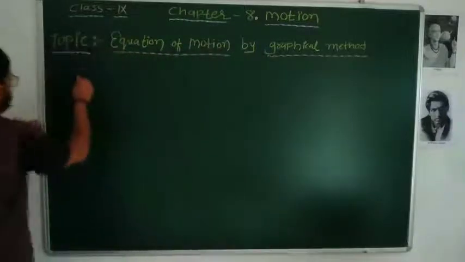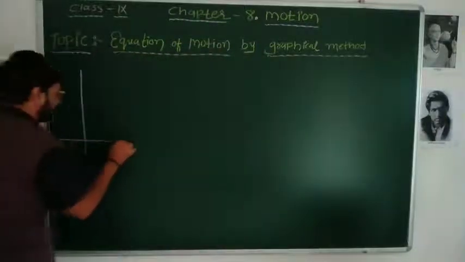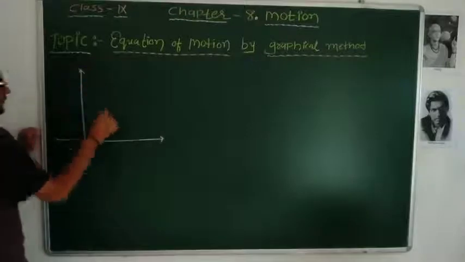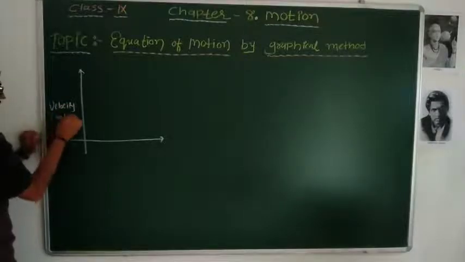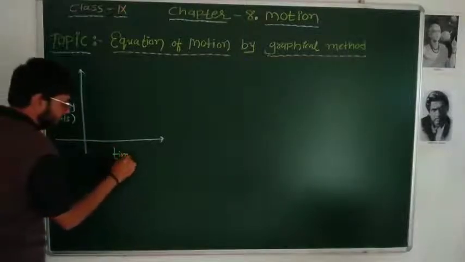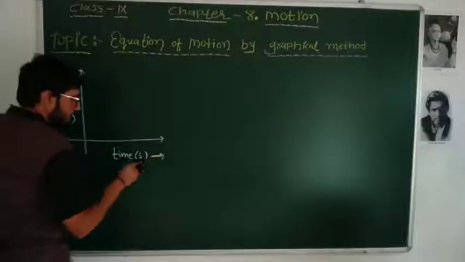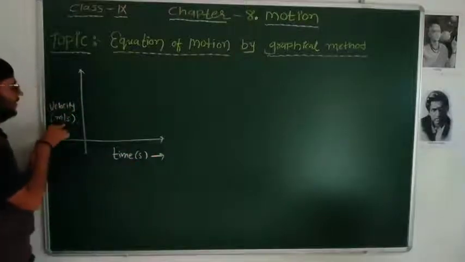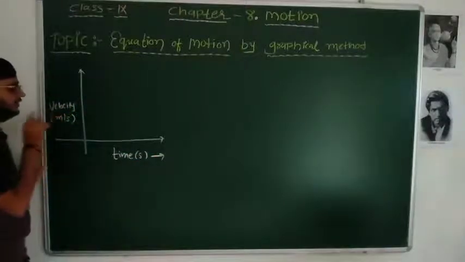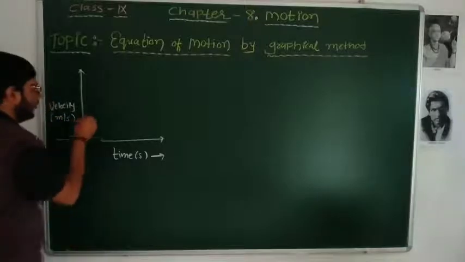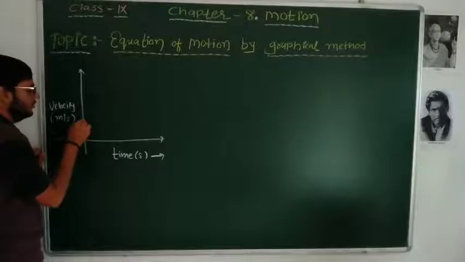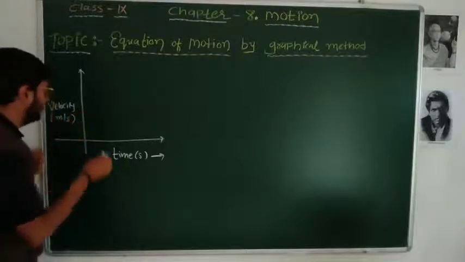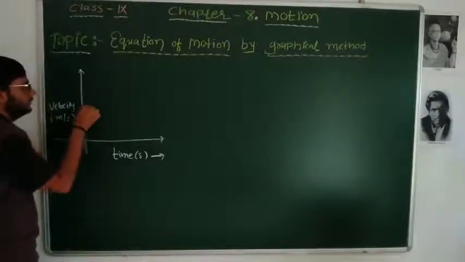This is the graph, velocity versus time. The unit of time is second, and the unit of velocity is meter per second. Suppose the object moves with uniform acceleration this way.